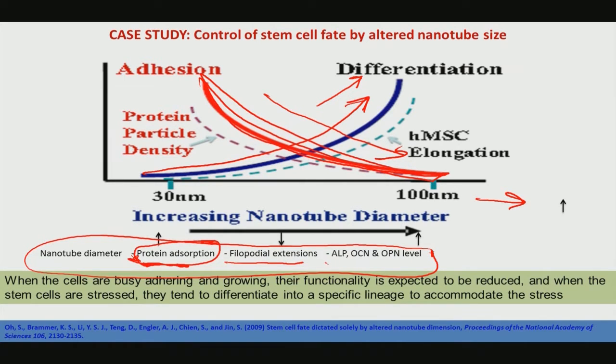After that, during the bone cell differentiation, this group led by, I think, Jean as well as Engler have shown that bone cell specific genes are upregulated, like ALP, alkaline phosphatase, OCN stands for osteocalcin, OPN stands for osteopontin. So, these three specific genes are overexpressed and therefore upregulated. Therefore, it essentially shows you that this differentiation process has taken place.